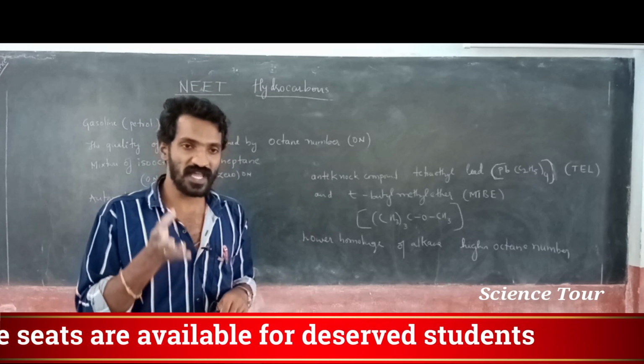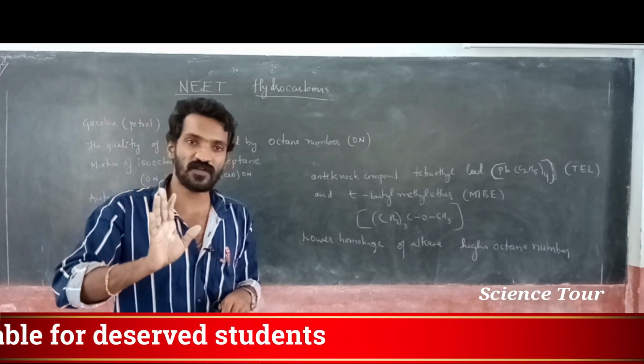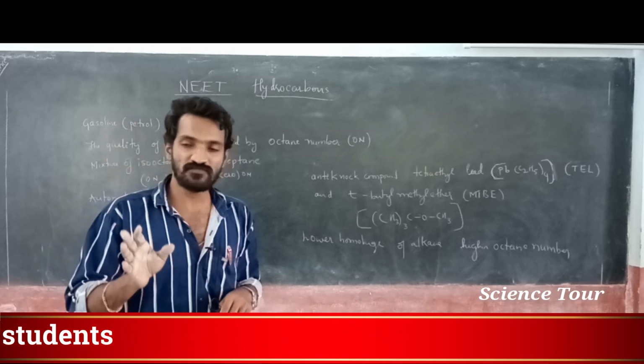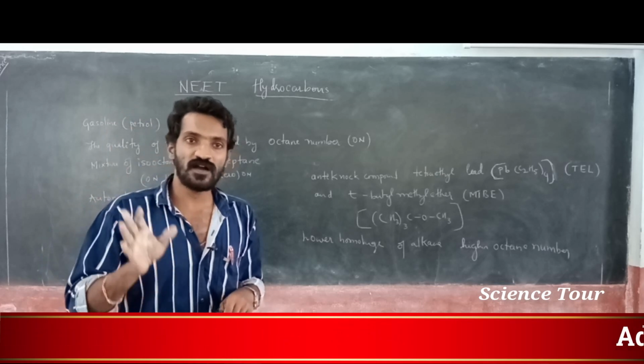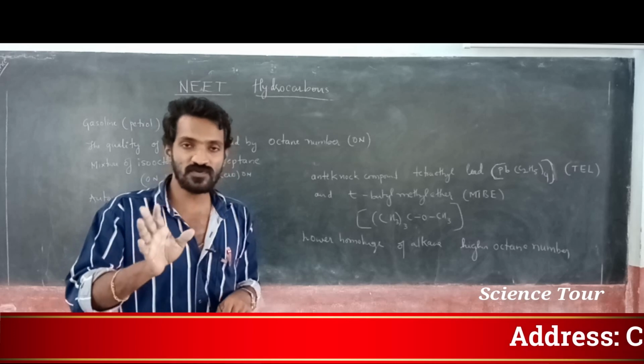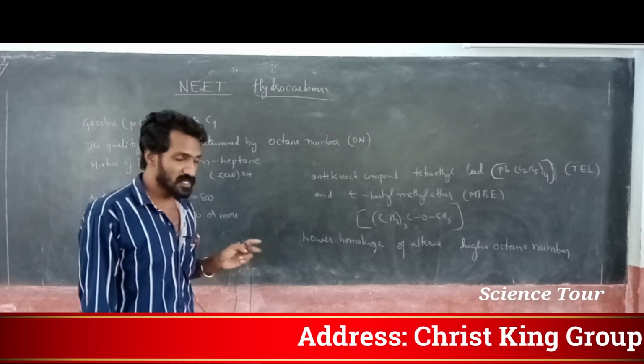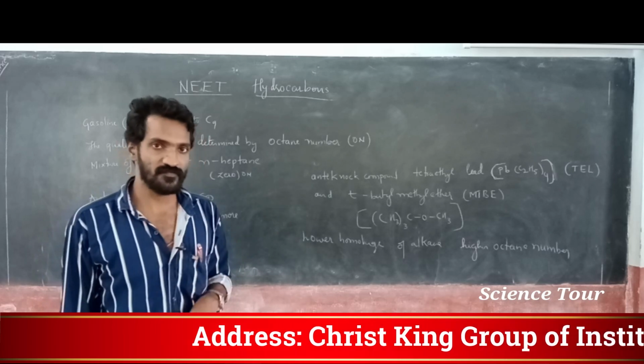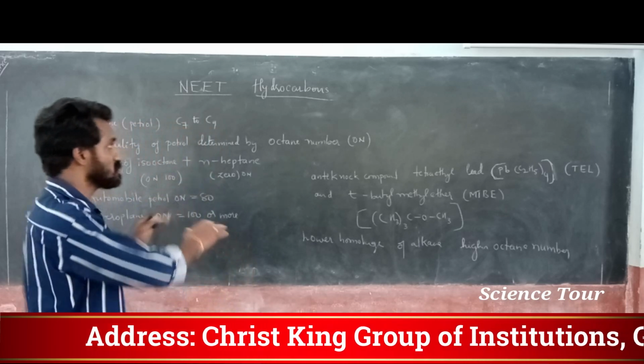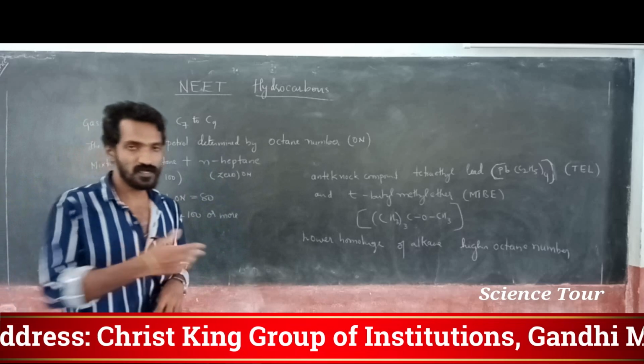An anti-knocking compound helps to increase the temperature of the combustion chamber, also helps to increase the pressure of the combustion chamber, and also helps to reduce the cracking sound of the fuel and air. Okay, note down, this is apart from your textbook.